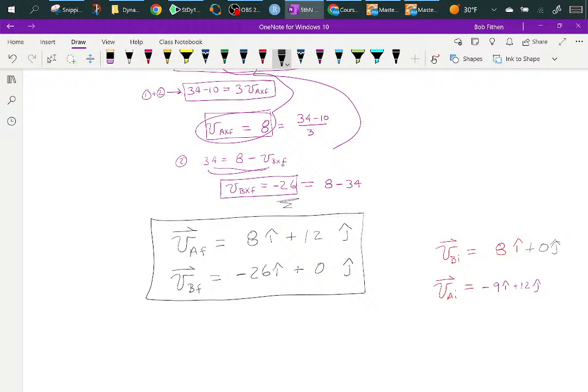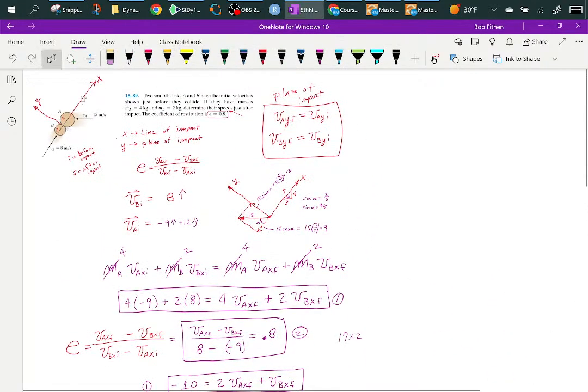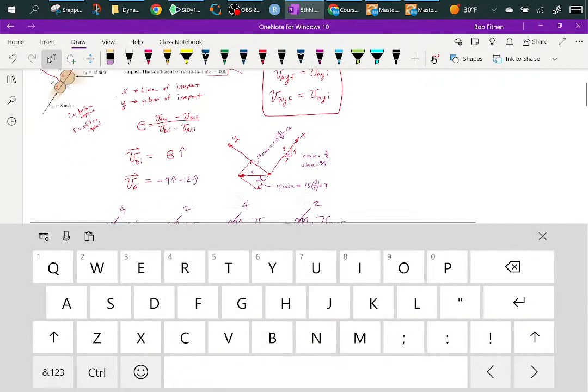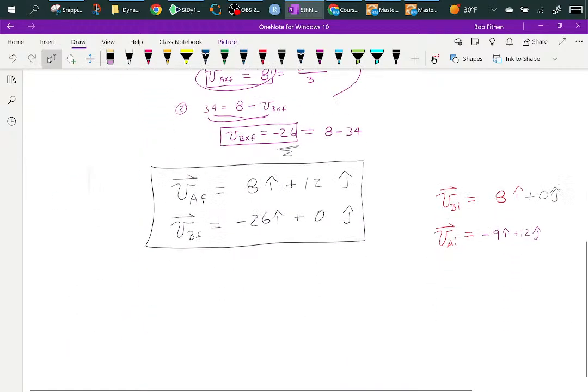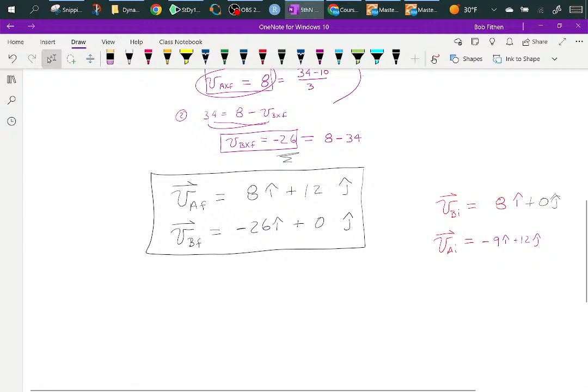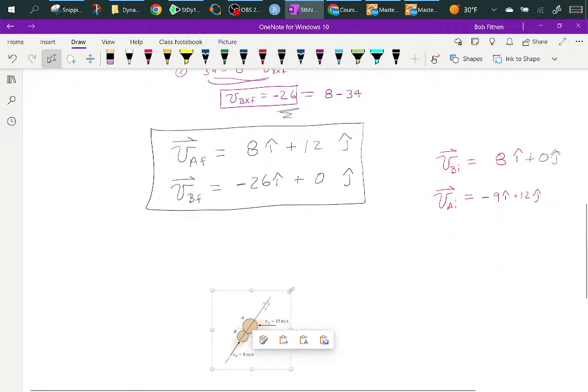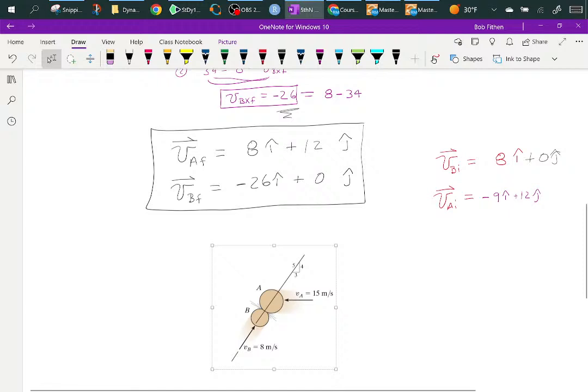What I'm going to do now is check to see if they make physical or commonsensical sense. Let's take a look at this. Does it make sense? Let's look at what the final velocity of B is. B came in at 8.